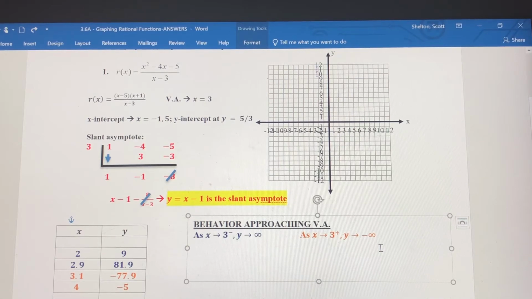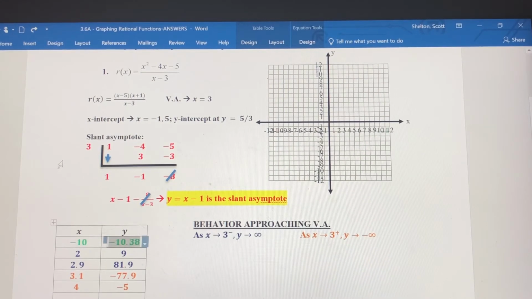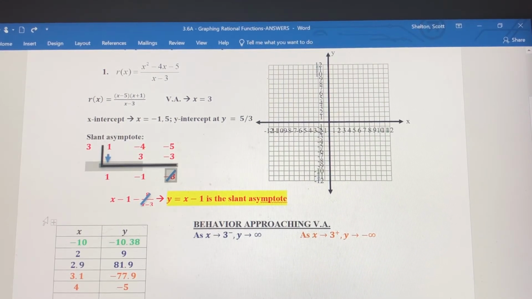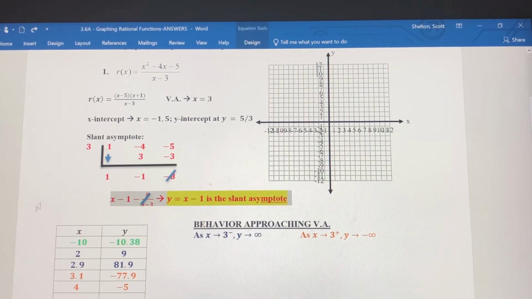Now, unlike with the horizontal asymptotes, we're not going to plug in like we did before, like the -1000 or the very large numbers that are both negative and positive, okay? Let's just plug in a value to see what we get. Something that's going to be on our graph here, I chose to plug in -10, okay? When I plug in -10, I get -10.38, okay?